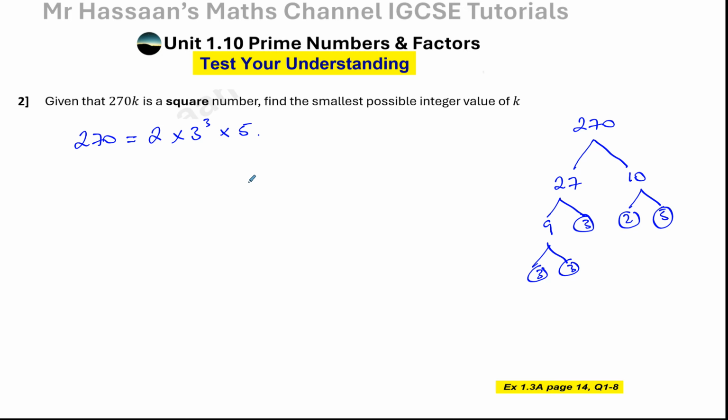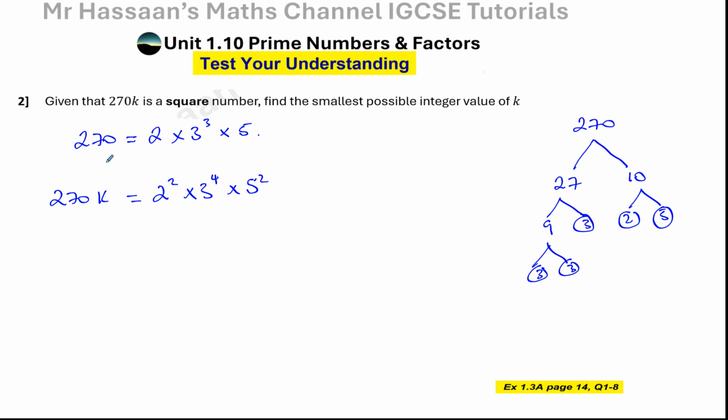So for it to be a square number, all of the factors have to have powers which are multiples of 2. Okay, so if 270k is a square number, then 270k has to be basically 2 squared times 3 to the power of 4 times 5 squared.